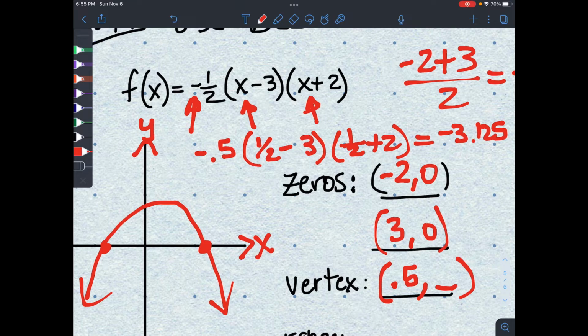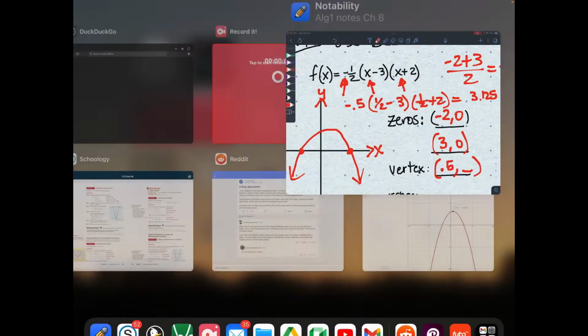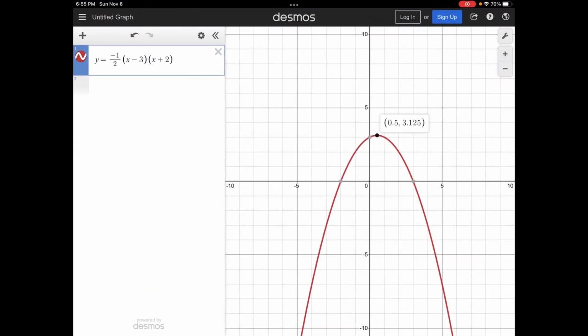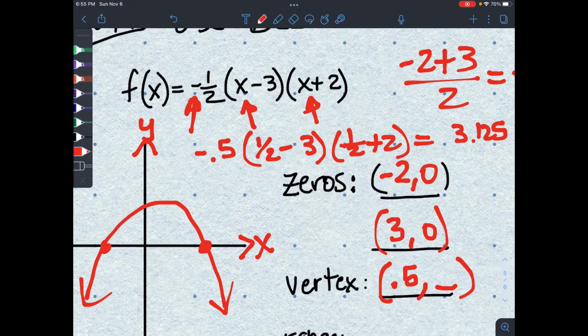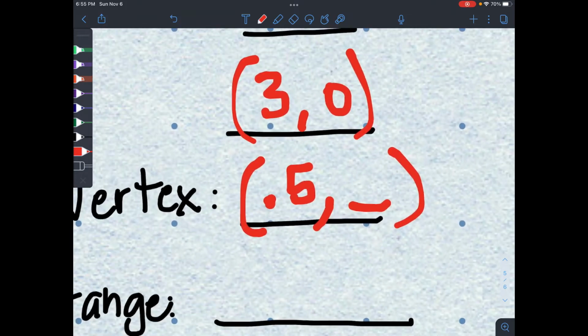Sorry, positive, not negative. And if we come over here and click on that, you can see you'll get 3.125. Okay, so I'm going to erase that just so I can fit my number in here, 3.125.